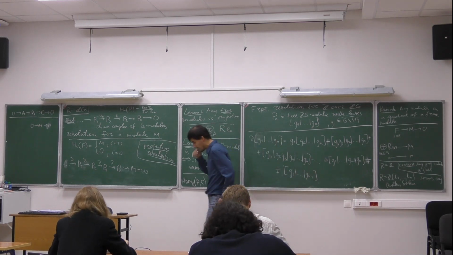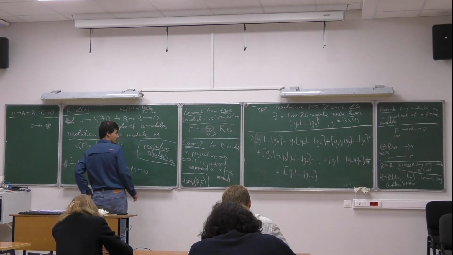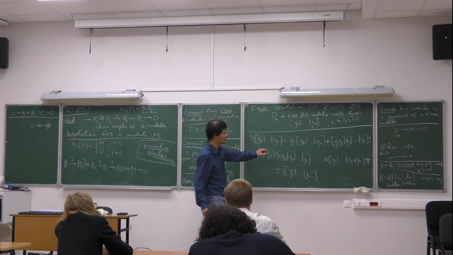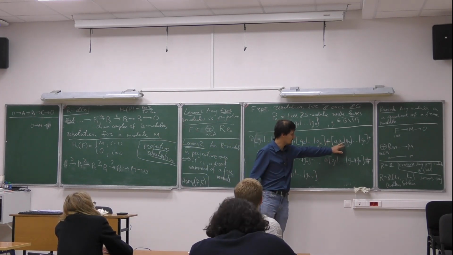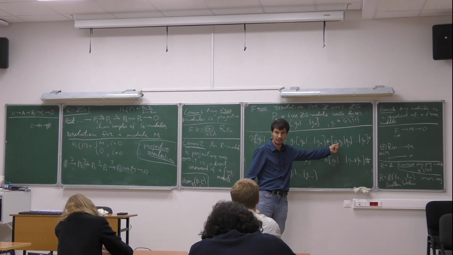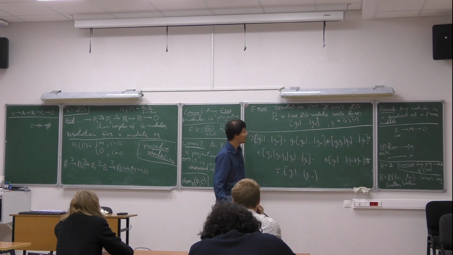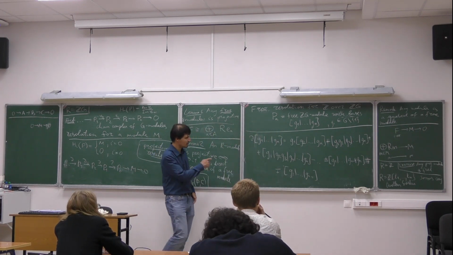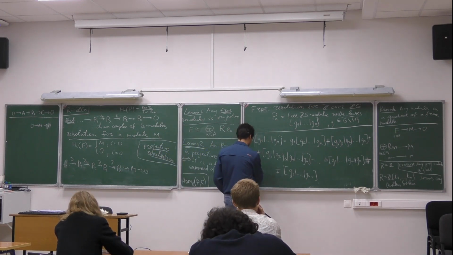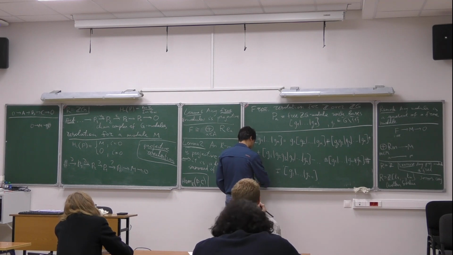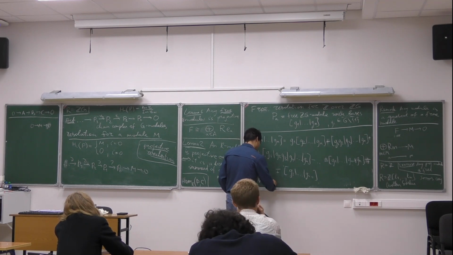Okay. And I remind you that here we assume all symbols where at least one group element is 1 to be trivial. This one is called a normalized bar resolution.